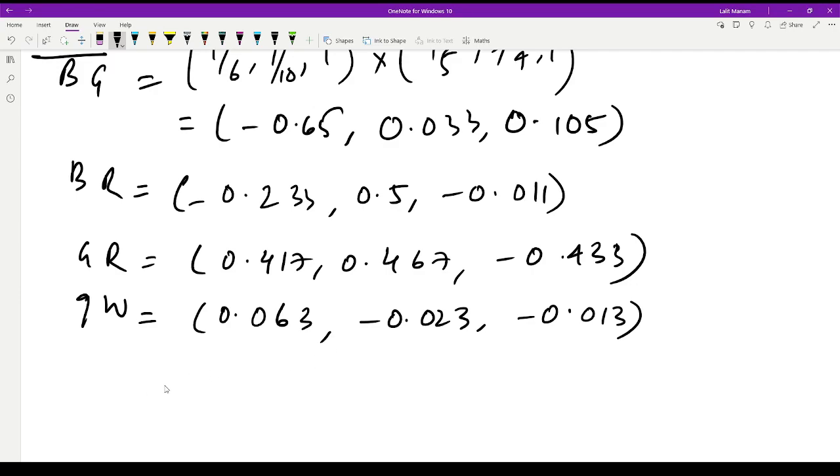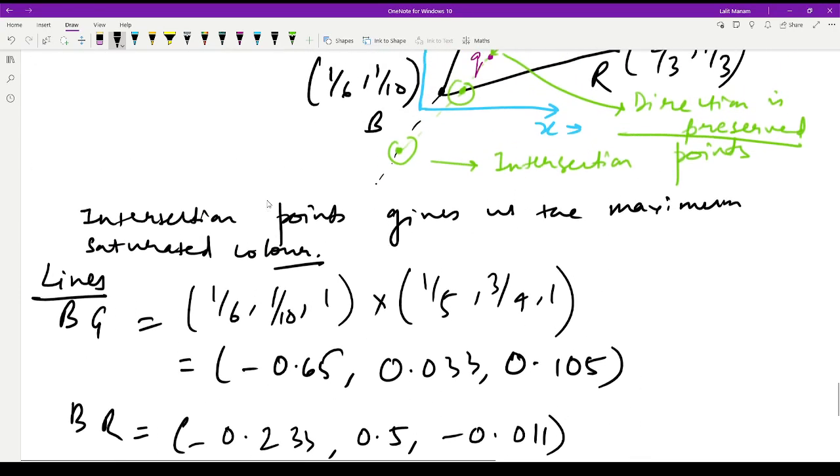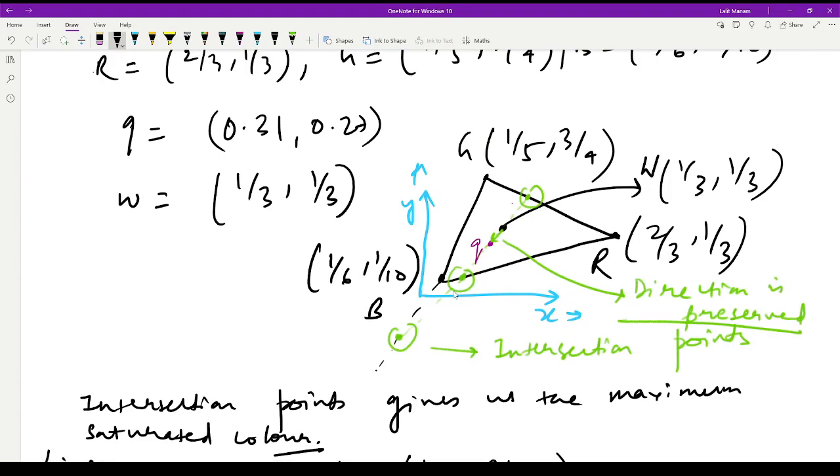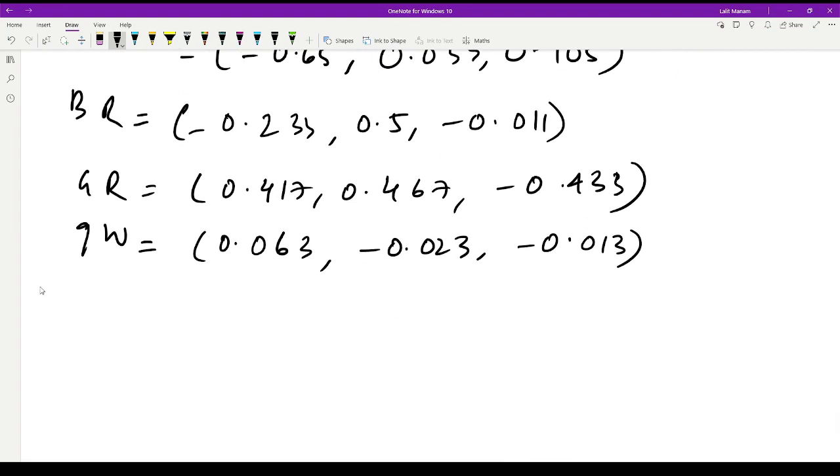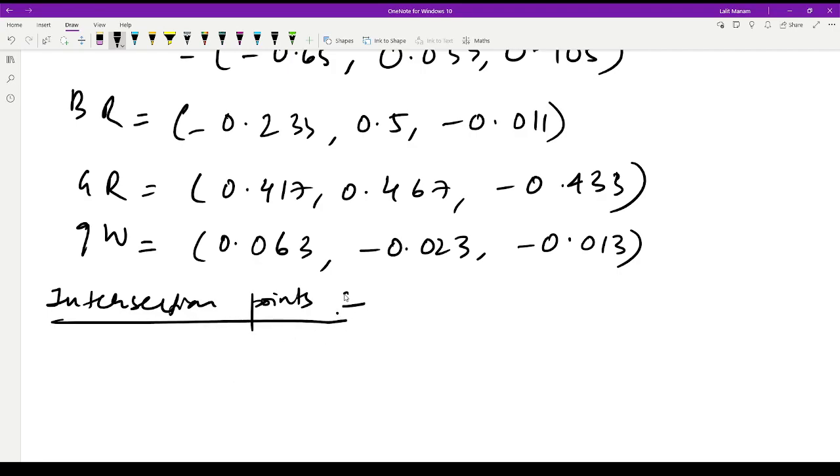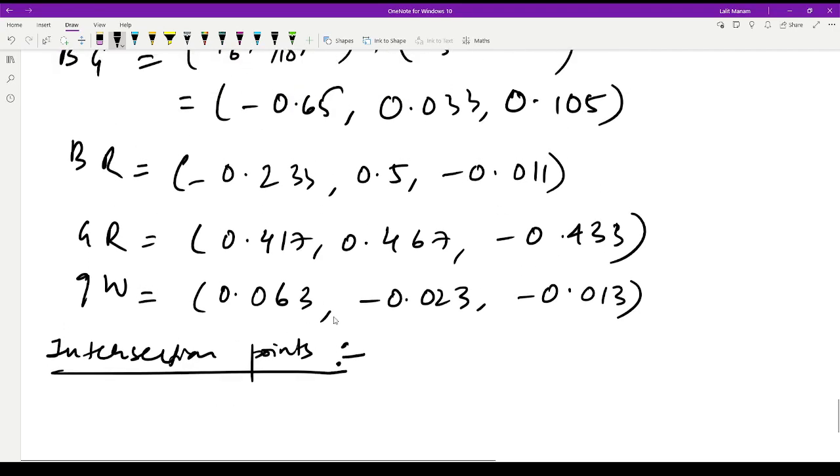Hopefully the numbers are right. Anyways, given these four lines, what's the aim? You need to find the intersection points, right? For finding intersection points, what do we do?